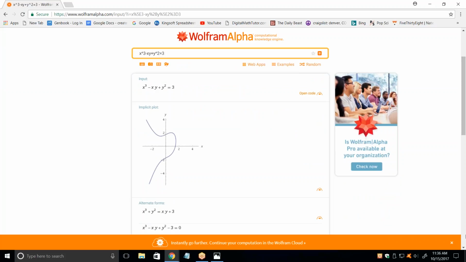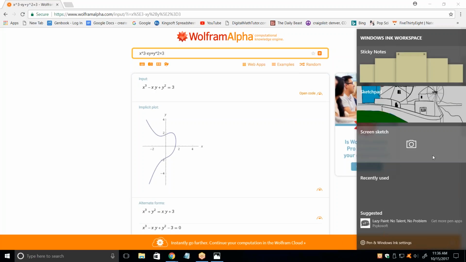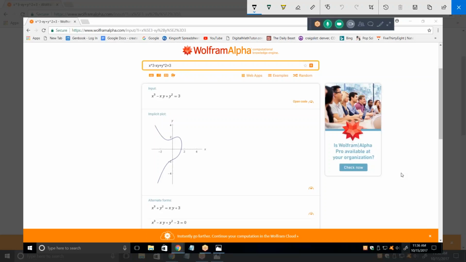Yep. I see 2 places where the tangent line is horizontal. Right here and right there. No other place. So we have an x value right there and an x value right there that looks like plus or minus 1 are going to be my answers.